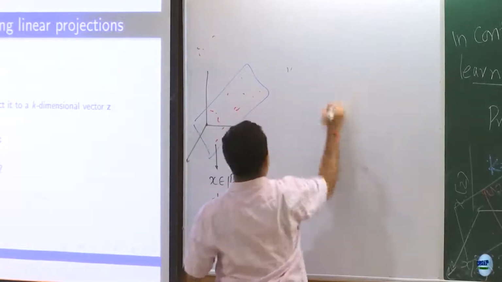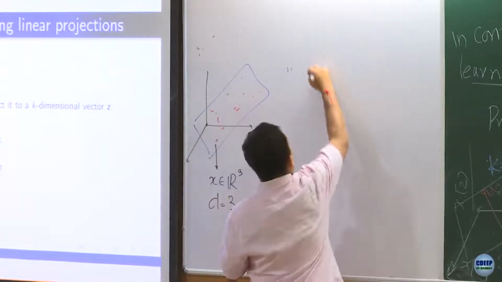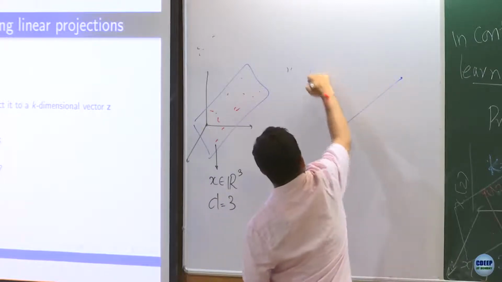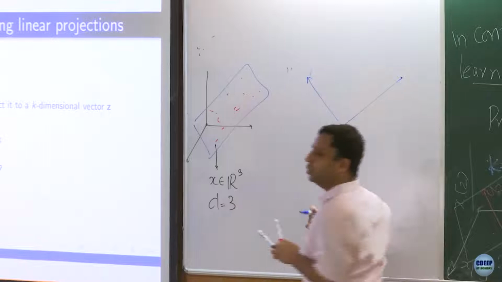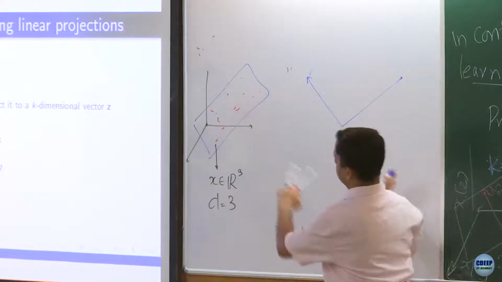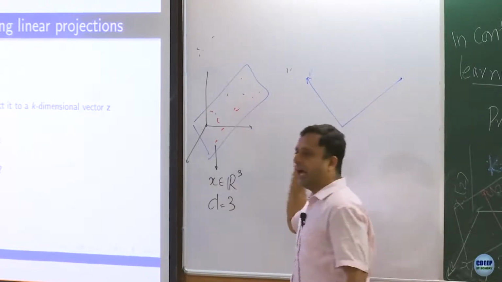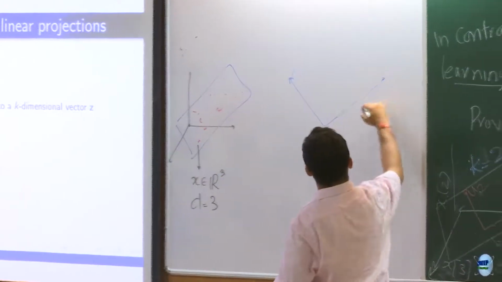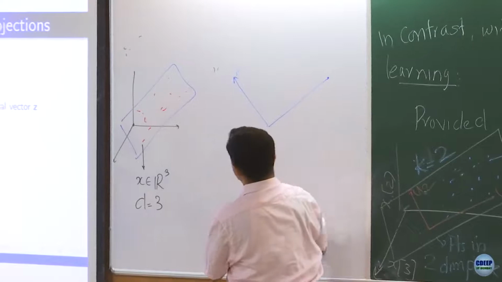From this, I try and discover a two-dimensional coordinate system which will be obtained from the original space, but the points will now be projected onto that space.